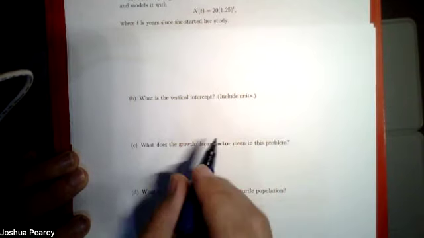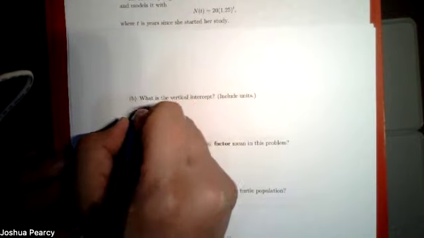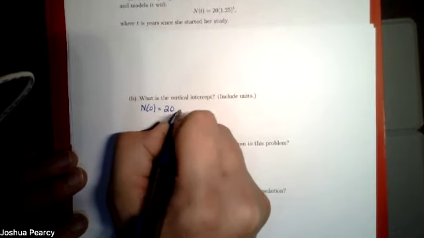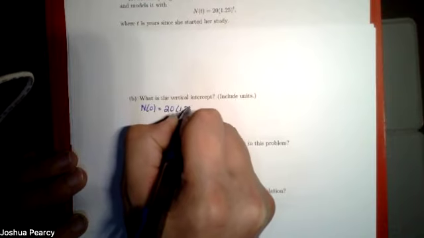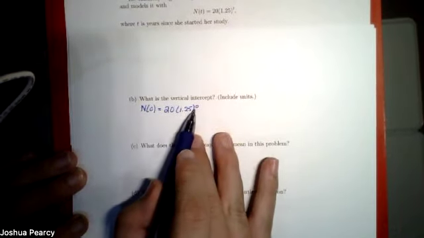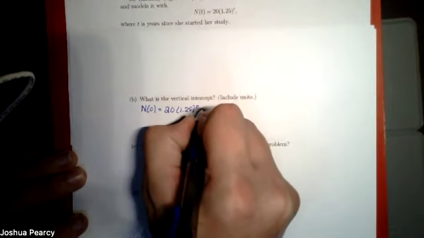So the y-intercept occurs when we have x is 0 or t is 0. So we'd say n of 0, right? And then we're going to plug in 0. This would be 20 times 1.25 to the 0. So here, anything to the 0 power is 1. So this is just 20 times 1, which is 20, right?